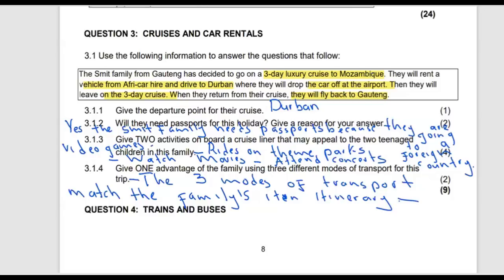Remember, they are supposed to move from inland to the port. That type of journey would require a car. Then they need to move from one port to the next port in Mozambique. That would require a cruise ship. Then they would want to fly back to their original point of departure, which would require a flight. So it suits their itinerary well.